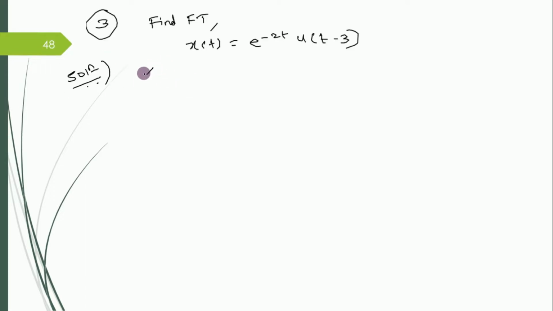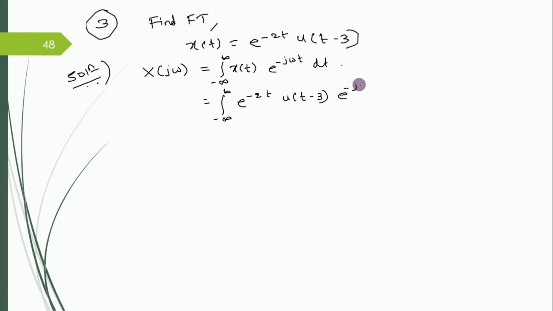Here the formula used is capital X of j omega equals the integration from minus infinity to plus infinity of x of t e raised to minus j omega t dt. So in place of x of t I substitute e raised to minus 2t u of t minus 3, times e raised to minus j omega t dt.